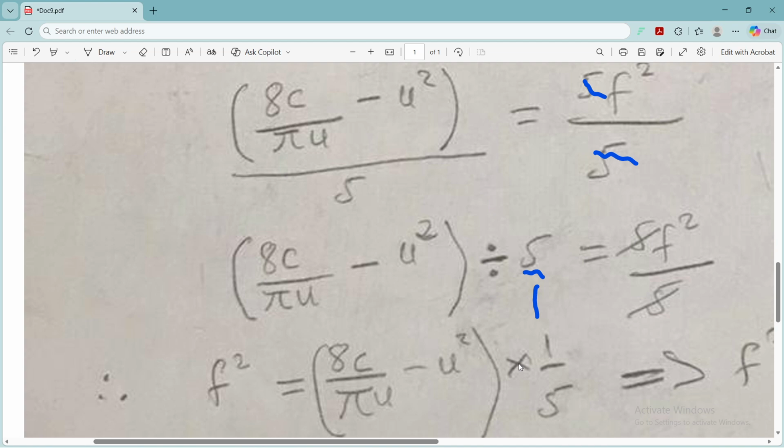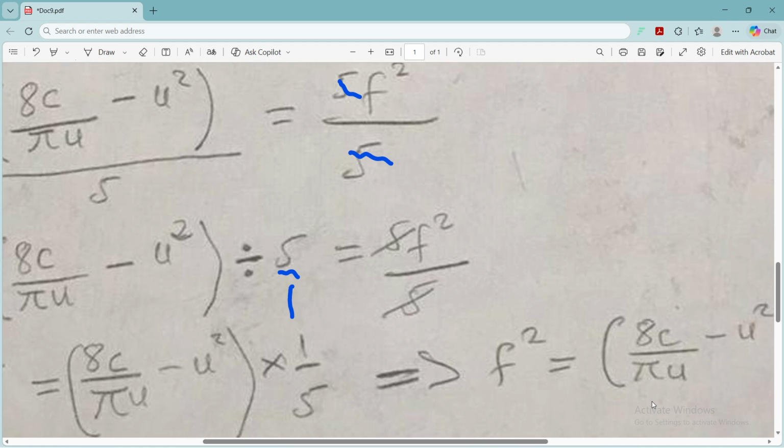So whenever the sign changes, it affects the variable, right? So the variable metamorphizes to its inverse form. So we are going to have our new equation to be f squared equals the fraction, in brackets, 8c divided by pi u minus u square, multiplying the fraction 1 over 5, right?